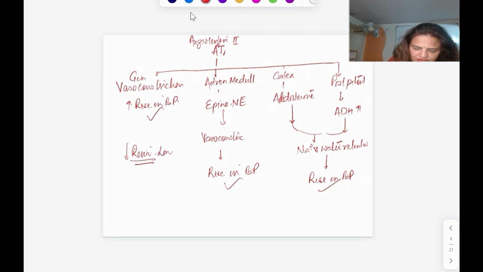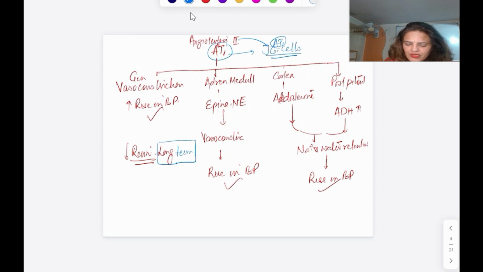And for short-term negative feedback, the AT1 receptors are also present in the JG cell. Angiotensin 2 stimulates this AT1 receptor, and this inhibits renin release. This is the short-term negative feedback.